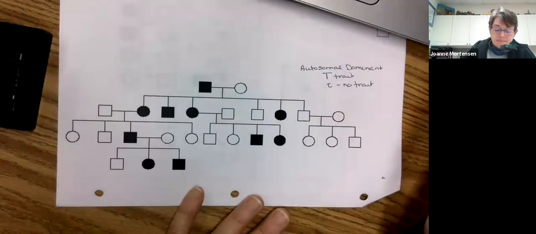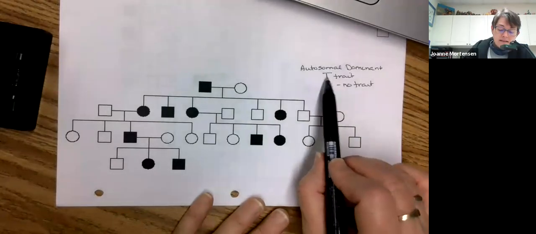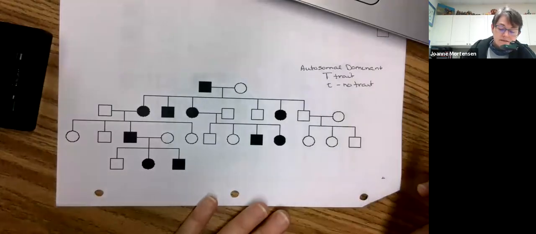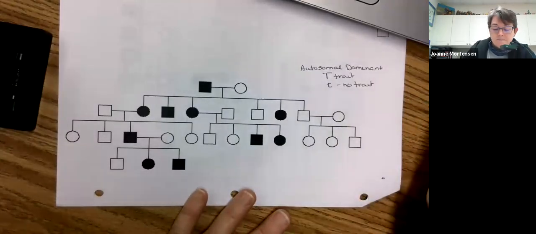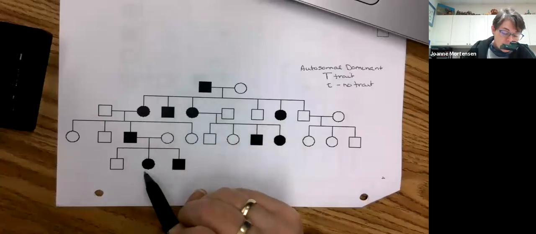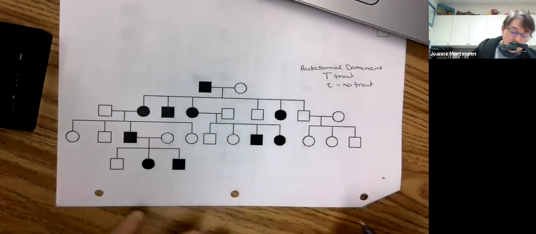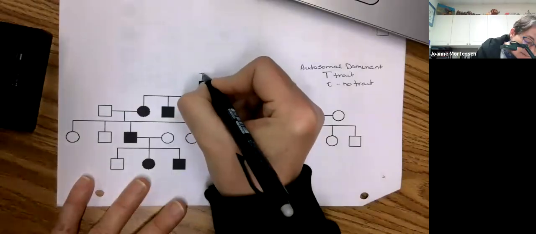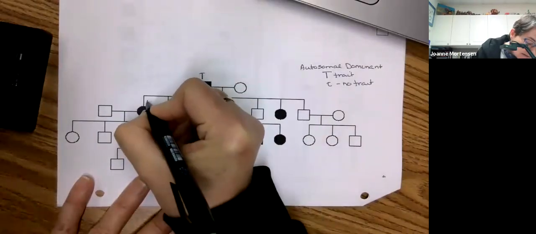All right. So that tells me that everybody that's colored in and has a trait has at least a capital T because they are showing the trait.